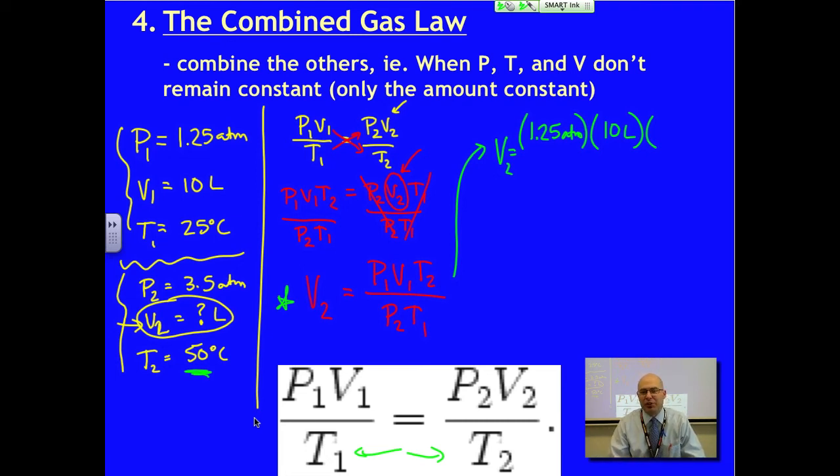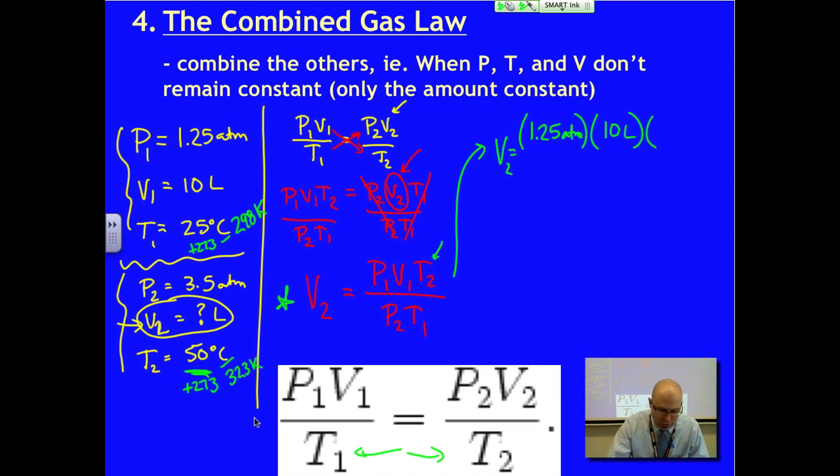That's absolute zero. So you must convert both temperatures to Kelvin before you plug them in. Let's add our 273 to both of these. This would be 298 K, and this would be 323 K.